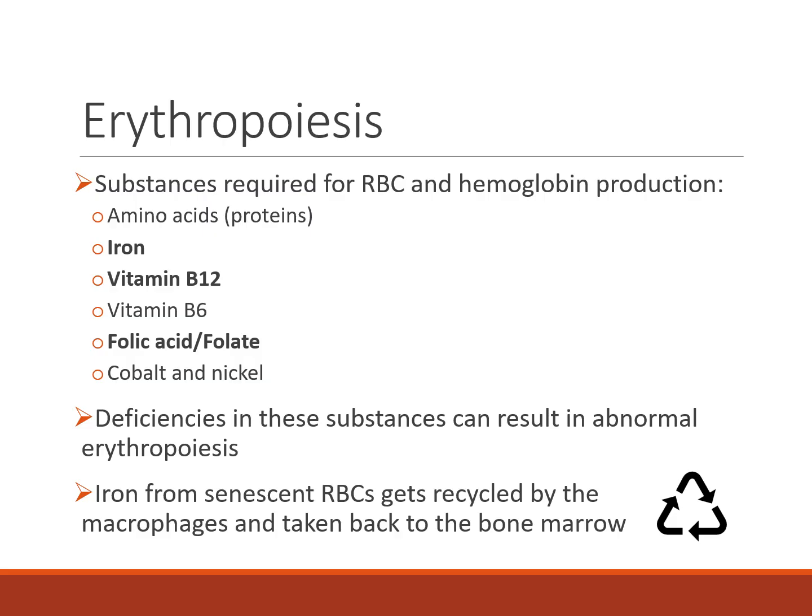Cobalt and nickel, which you wouldn't really think about. And to be honest with you, I don't know the exact biochemical mechanisms in which cobalt and nickel play a role, but they are also important in production of hemoglobin. Deficiency of any of these substances can result in an abnormal erythropoietic process.